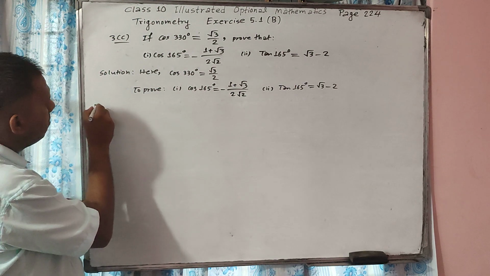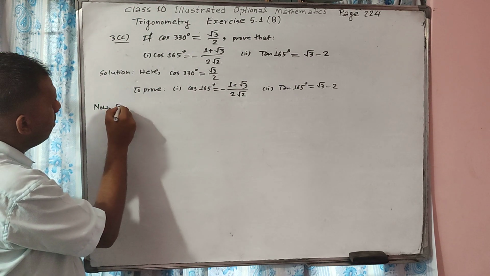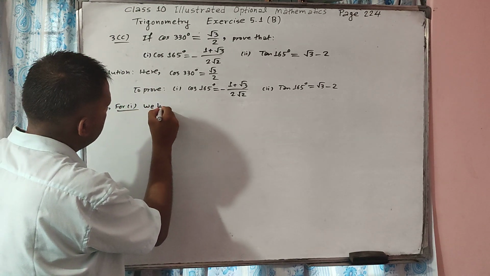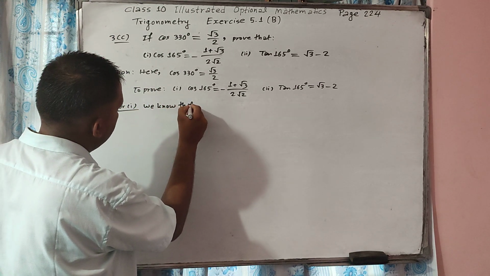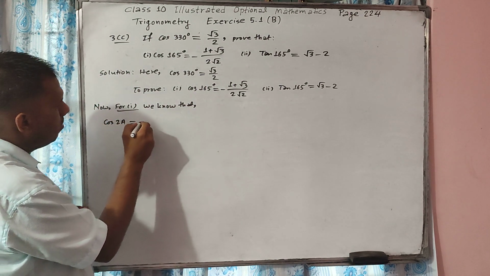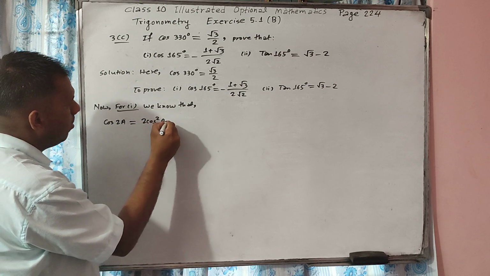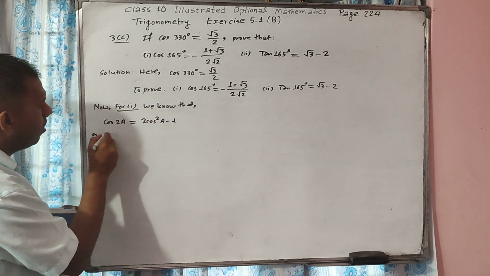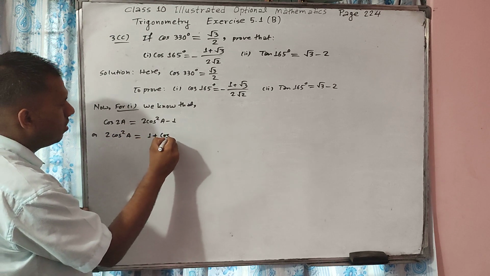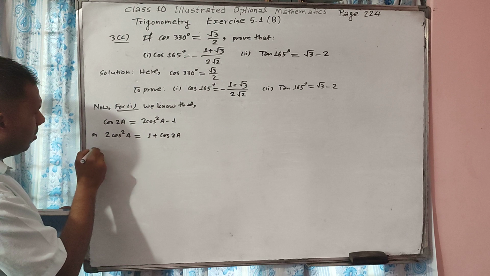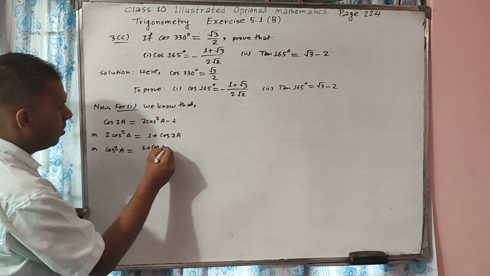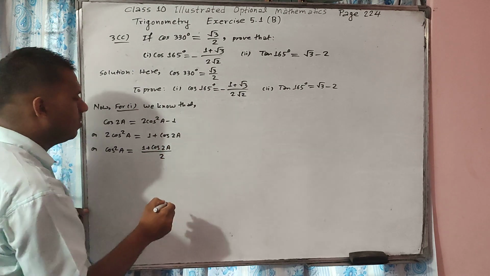Now for 1, we know that cos 2A equal to 2 cos square A minus 1, or 2 cos square A equal to 1 plus cos 2A, or cos square A equal to (1 plus cos 2A) all upon 2.